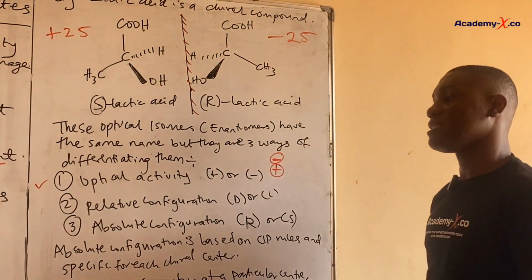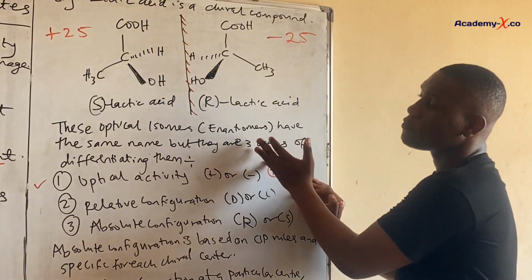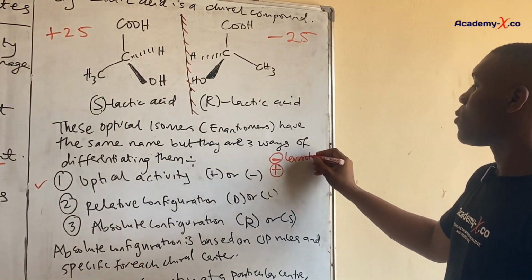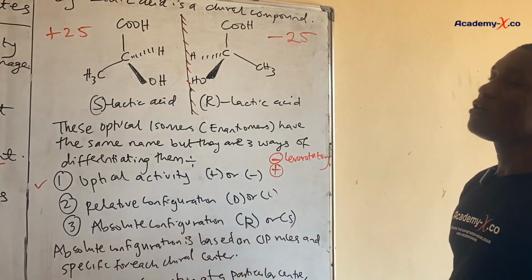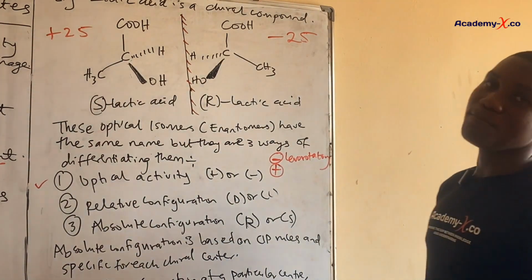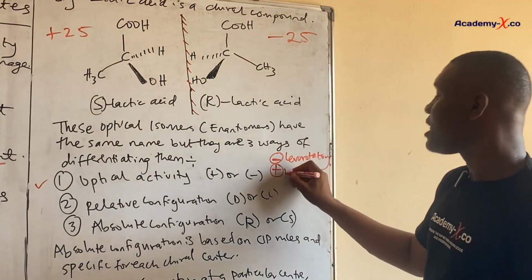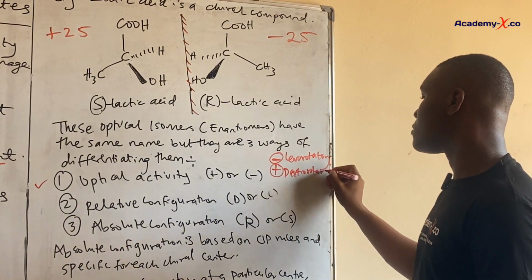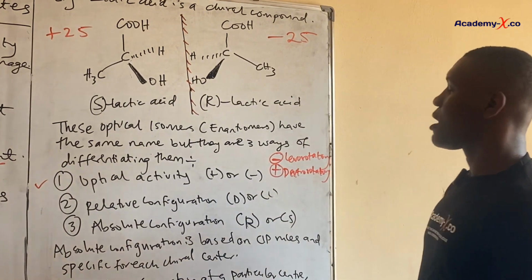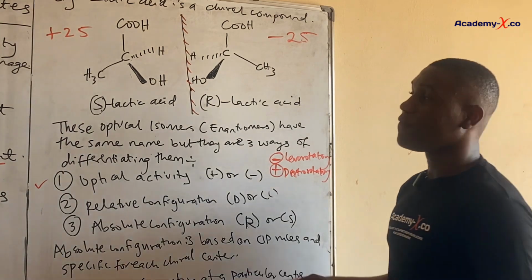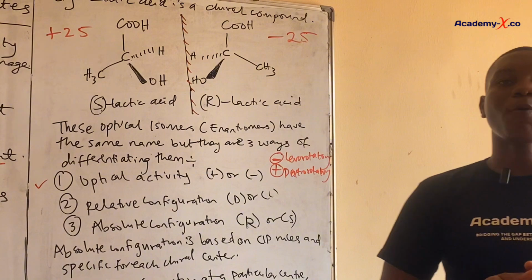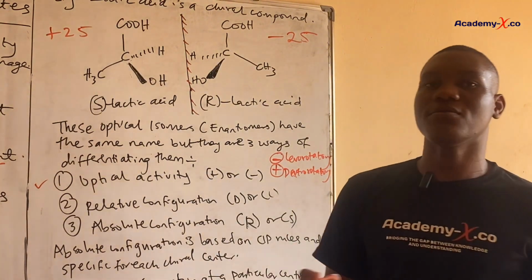action. So what it means is that the negative will rotate plane polarized light to the left and we call it levo rotatory. But then the one with plus rotates plane polarized light to the right, so we call it dextro rotatory. Now, this is one way of identifying optical isomers by stating whether they rotate to the left or rotate to the right.